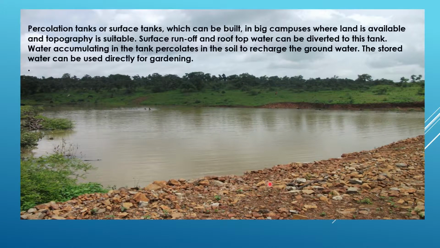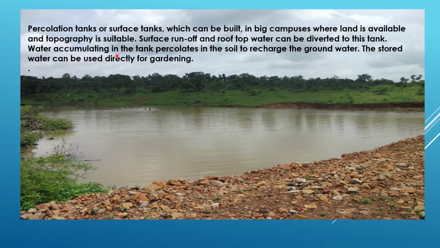Now, what is a percolation tank? Percolation tanks or surface tanks can be built in big campuses where land is available and topography is suitable, from highland areas in the surroundings to the central lowland areas. Surface runoff and rooftop water can be diverted to these tanks.